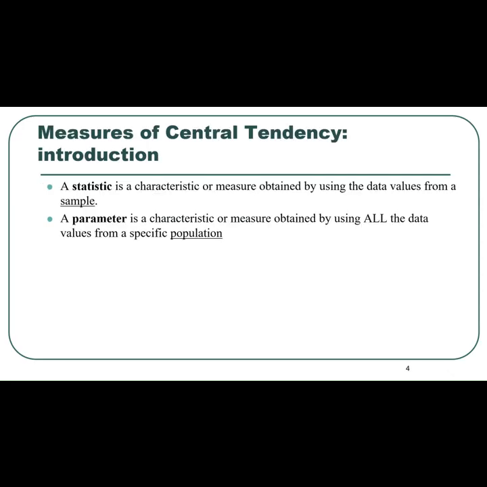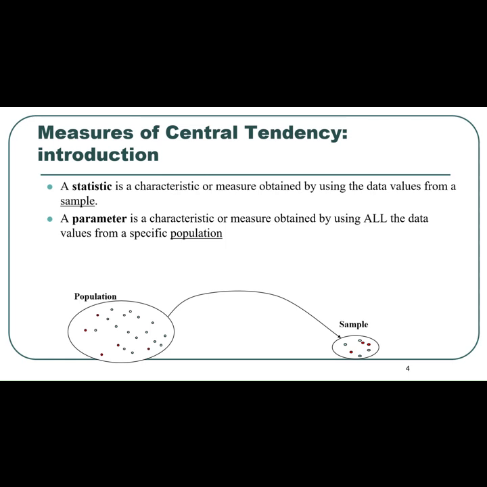So before introducing the mean, median, and mode and the other two measures, we need to differentiate between two concepts: statistic and parameter. What is a statistic? A statistic is a measure that is calculated from the sample. So if you do have a sample data and you did calculate a specific function or specific measure using the sample data, this is a statistic.